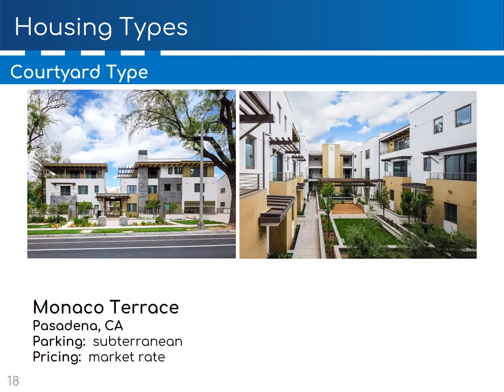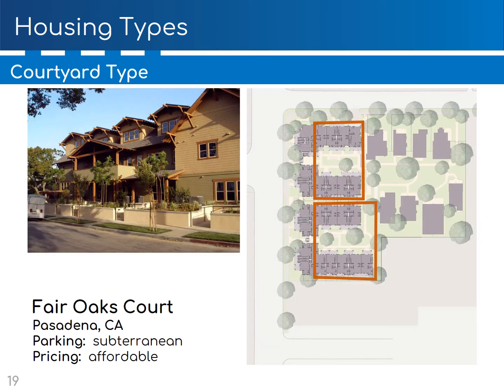Another Pasadena example, Monaco Terrace, combines the courtyard type with California contemporary styling. Fair Oaks Court, whose street-facing quadplexes were earlier illustrated, also utilizes the courtyard type to create a transition between the multifamily units and 8 restored single-family bungalows. The project created a total of 31 new units.